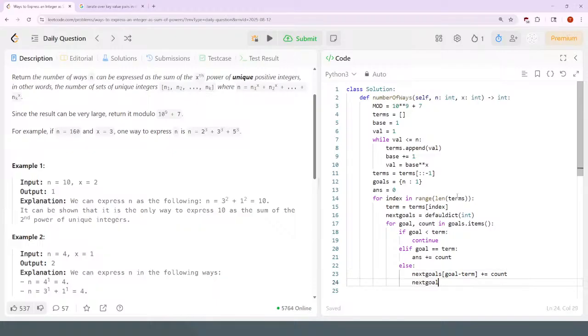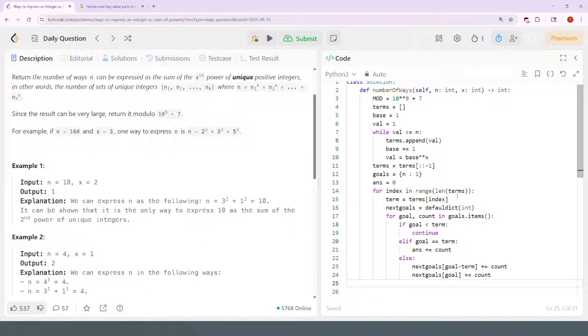And if I don't subtract out the term, then next goals of this goal plus equals this count. Okay, I think that might be it.